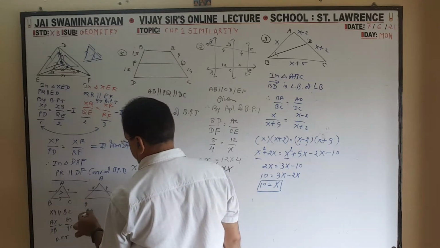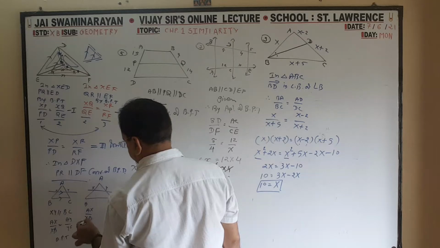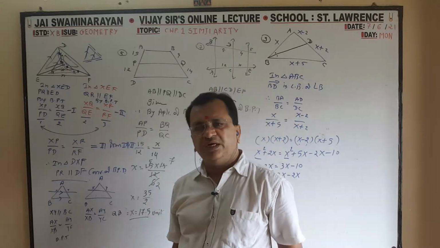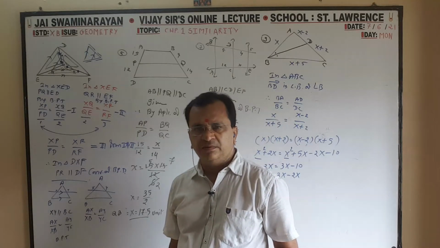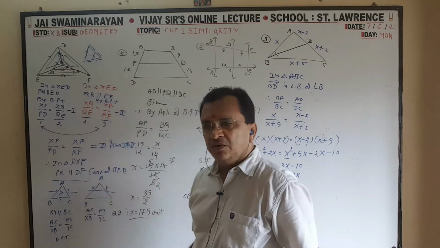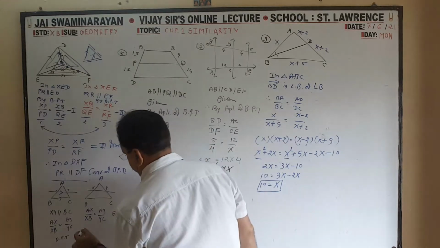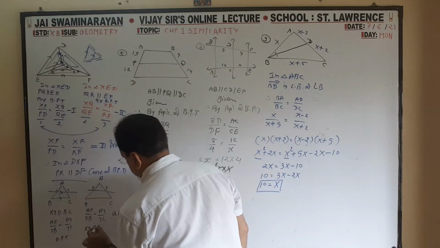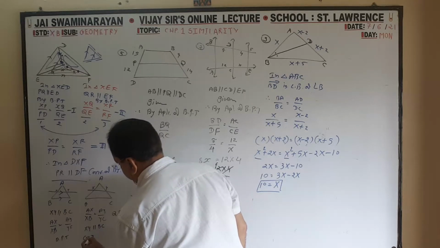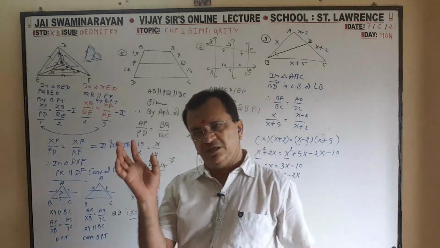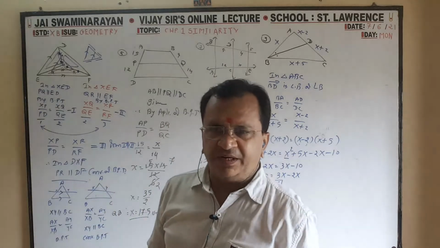Here the ratio is given equal, both the ratios are equal. When it is parallel, it is equal. When it is equal, it is parallel. So that is the converse of BPT. That is the difference between BPT and converse of BPT.